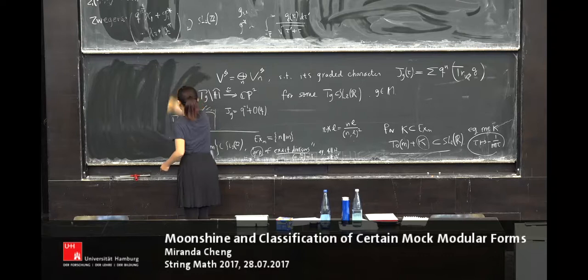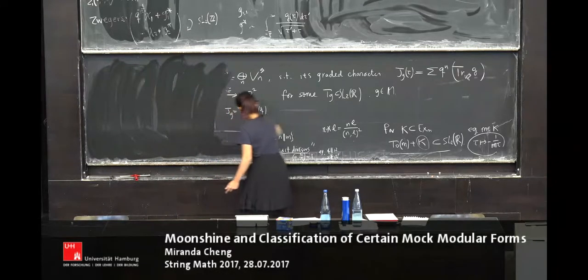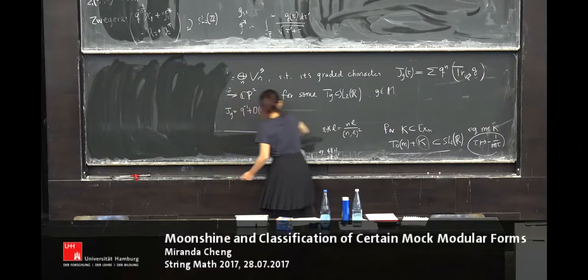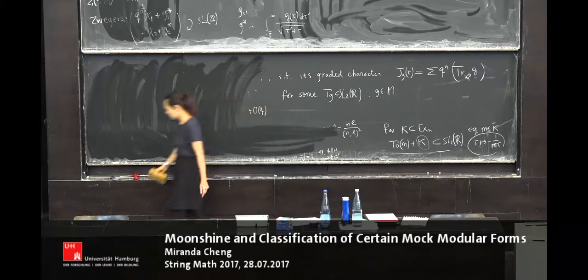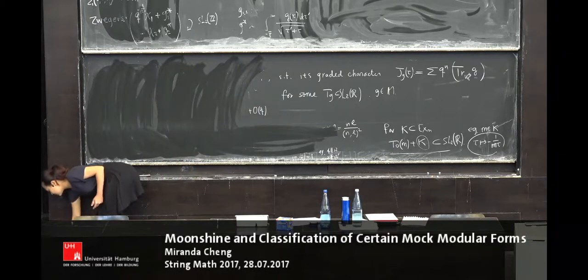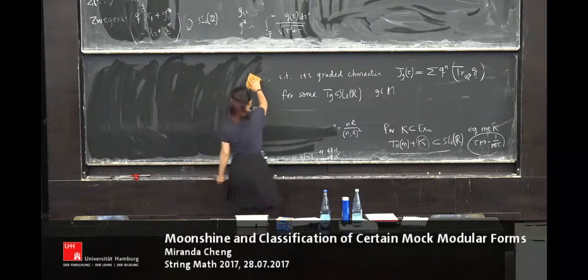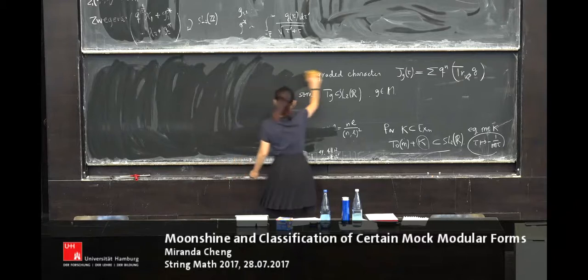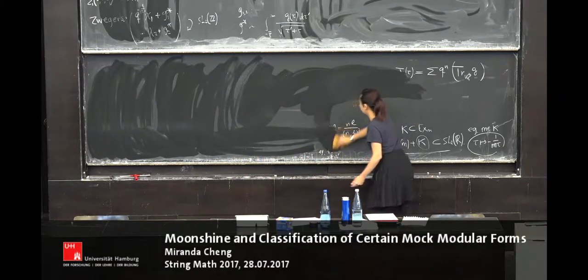Okay, so how do we achieve that? Well, before telling you this, forget about the mockness for a second. We have seen this kind of situation before. Sometimes a vector of modular forms can be combined into one function with two variables that transforms nicely, and this is called the Jacobi forms.